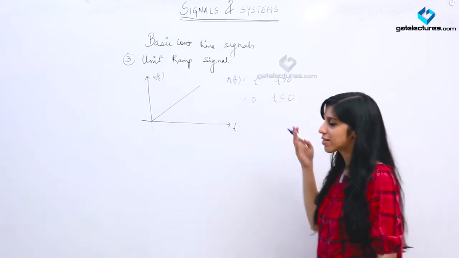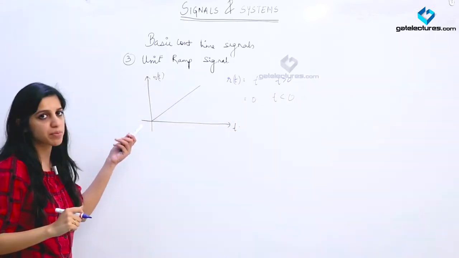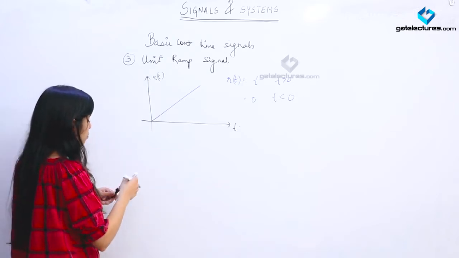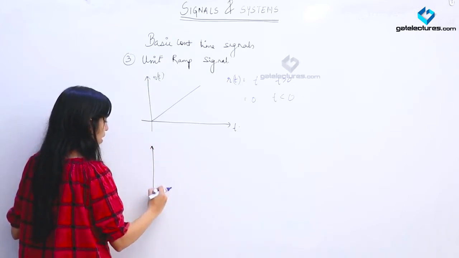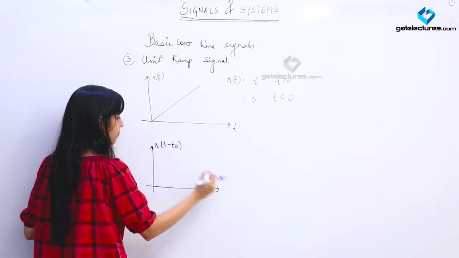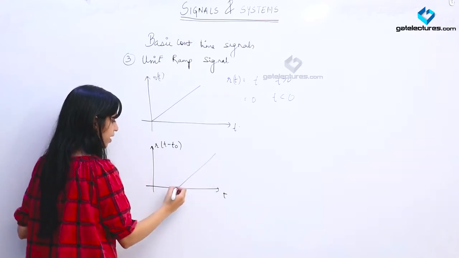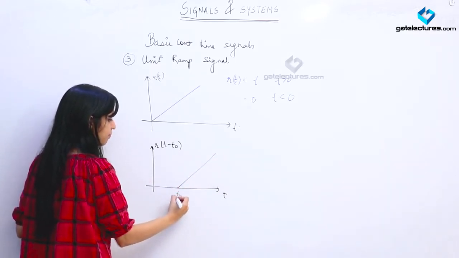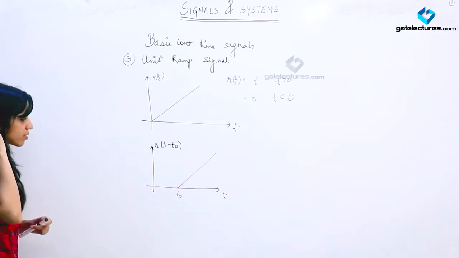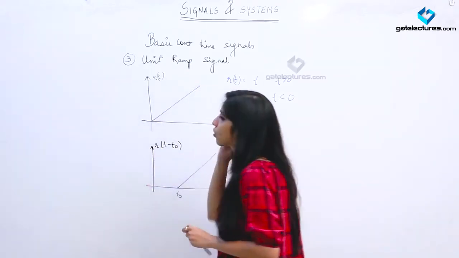Similarly, as we have seen in the unit step and delta signals, this function can be shifted to any other point. Suppose I am required to draw r(t - t0); this function is going to shift right by t0. So this is how r(t - t0) is going to look.